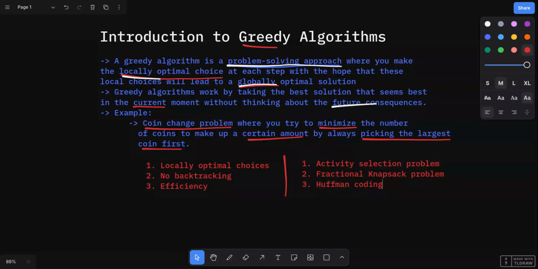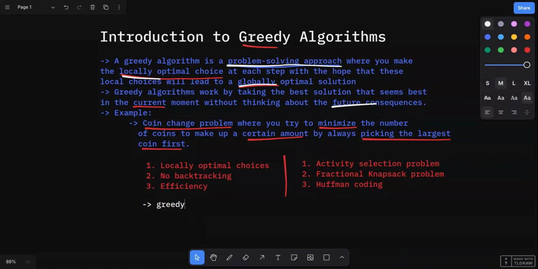Now, why would someone use greedy algorithms from what you've seen up to this point? There are a number of reasons, and first you need to understand the condition for a greedy algorithm to work. The first condition is that a global optimum can be arrived at by choosing a local optimum.